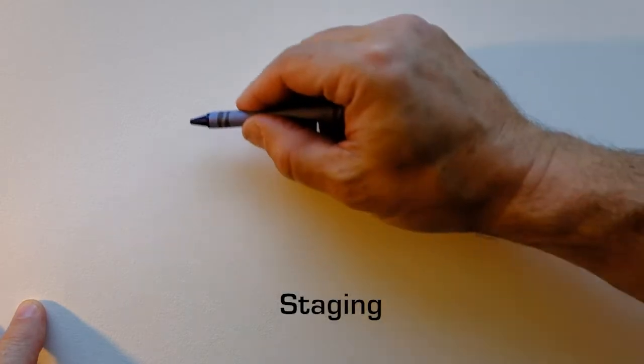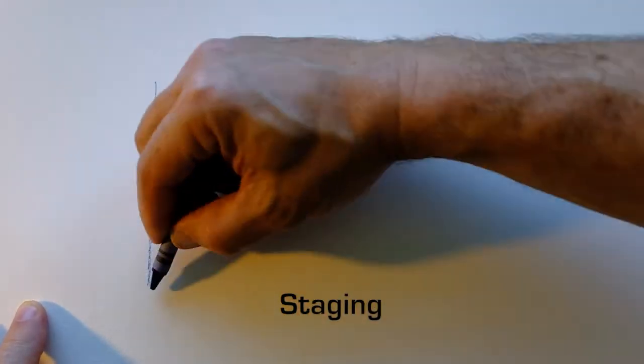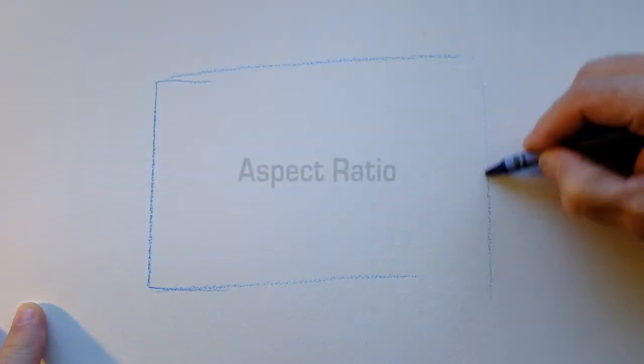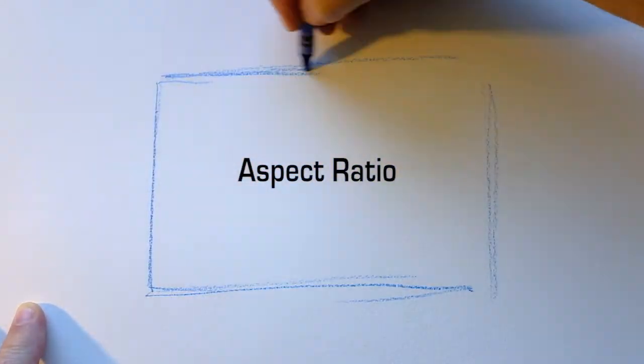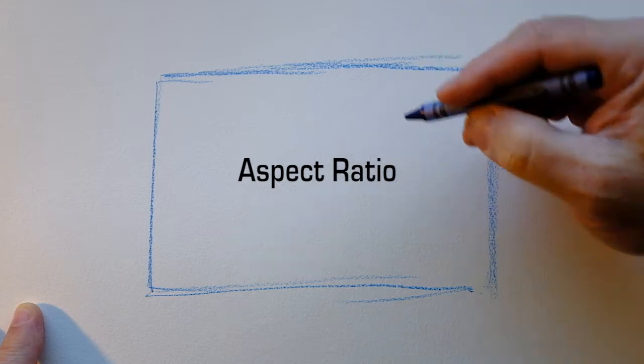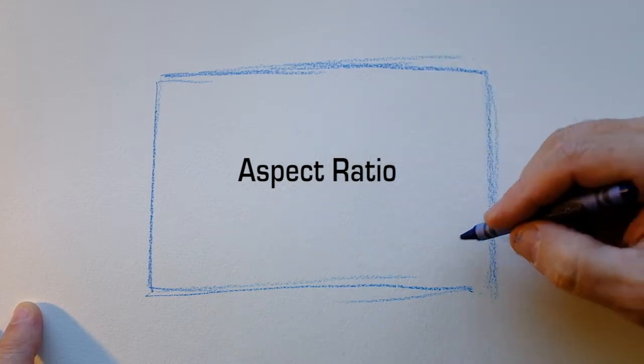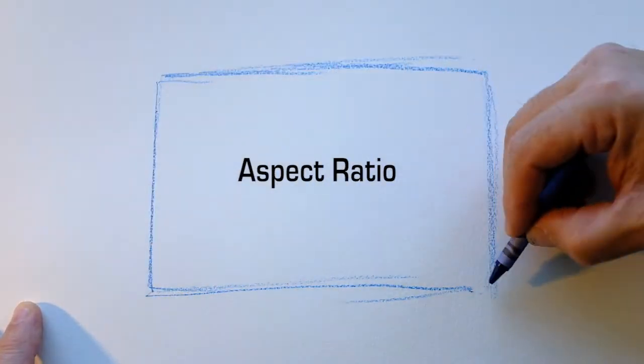Alright, welcome to this Crayon Lecture, and today we're going to talk a little bit about how to plan for animation. The first thing, it seems kind of obvious, is that we want to determine what our aspect ratio is for our film screen, right? An aspect ratio really is just the dimensions of height to width of a rectangle.